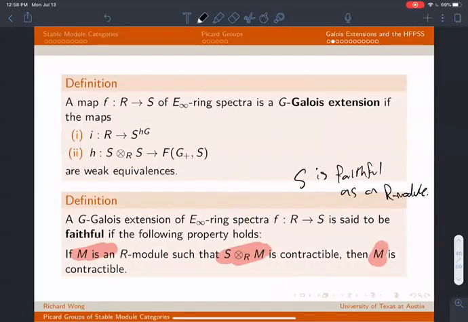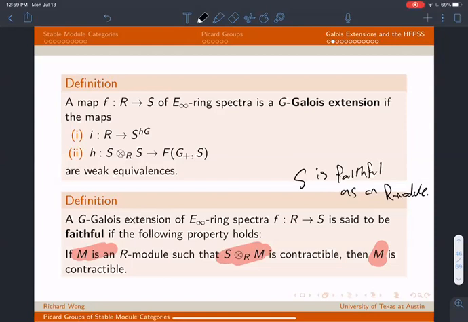Yeah, that's faithfulness. What does this mean for a Galois extension of fields? Are Galois extensions of fields automatically faithful, or is there some Tate cohomology calculation you can do?